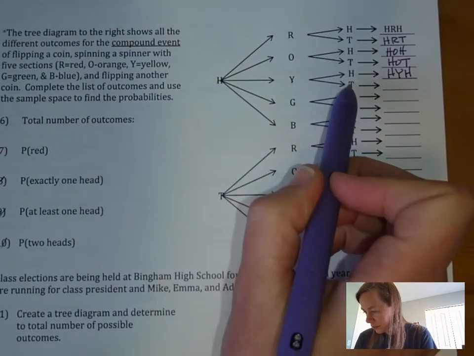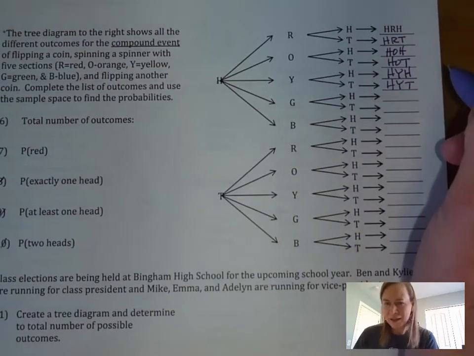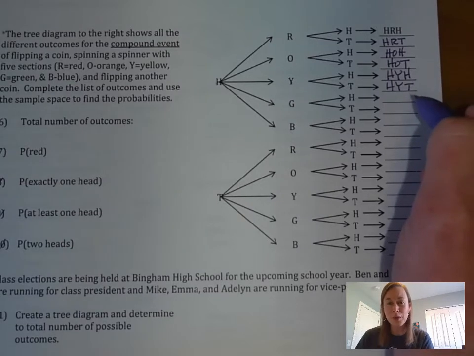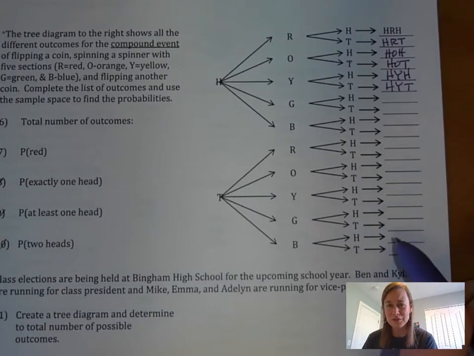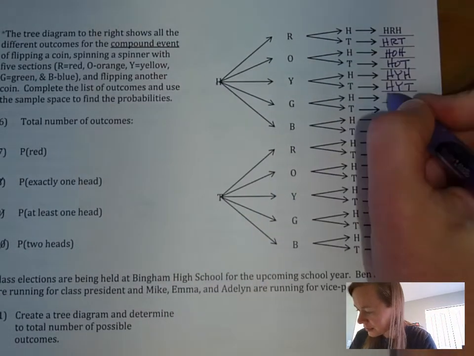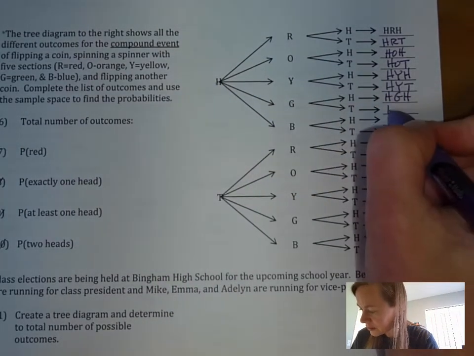Heads, yellow, tails, HYT. And again, if it's helpful, pause, fast forward, whatever works. You might want to pause and do all of these yourself and then fast forward till I'm done. Whatever makes sense to you. Heads, green, heads. Heads, green, tails.